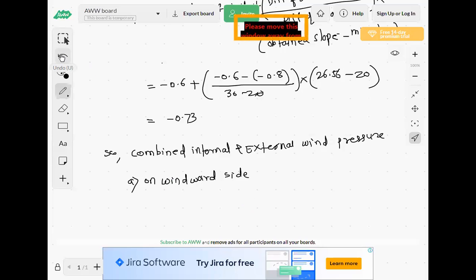Here we will, because we have to consider internal pressure plus minus 0.2 p.